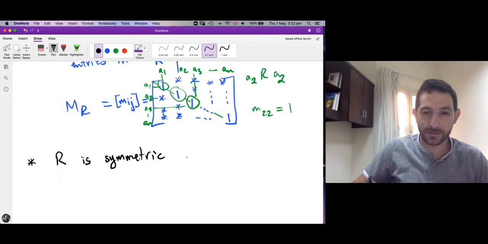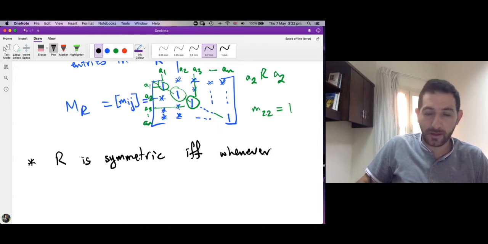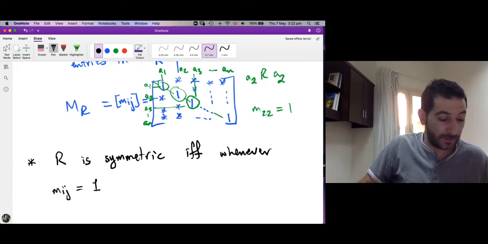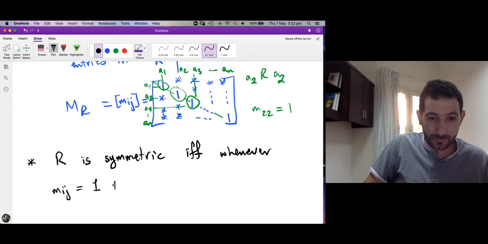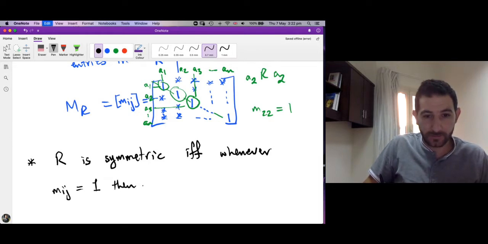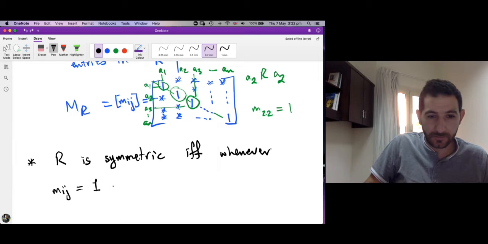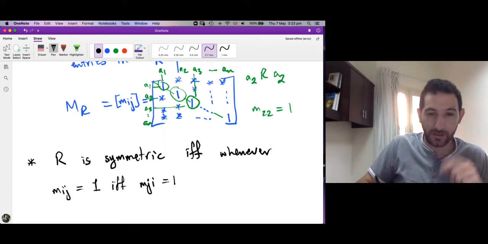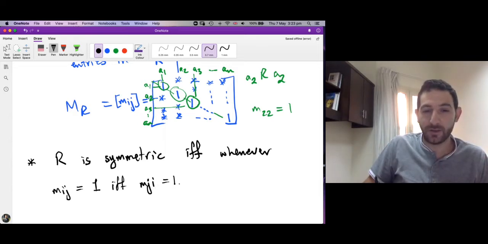So R is symmetric if and only if whenever an entry Mij is equal to 1, so when the ith element is related to the jth element, then Mji is also 1. So if Ai is related to Aj, then Aj is related to Ai as well.